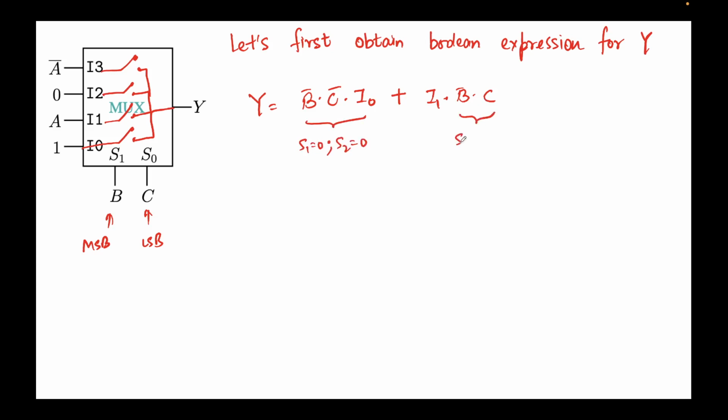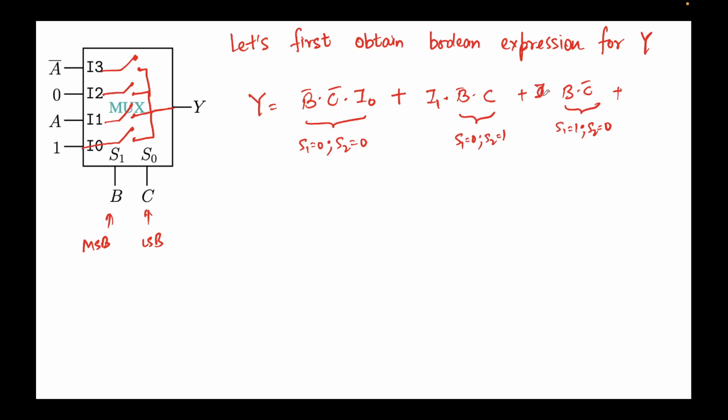This corresponds to S1 equal to 0, S0 equal to 1. The third case is when S1 equal to 1 and S0 equal to 0, right? This is high but this is low, then this switch will be closed. So it will be 0 times B times C bar. Why 0? 0 is the input that's coming here.